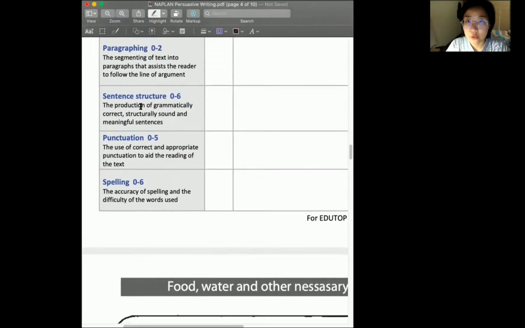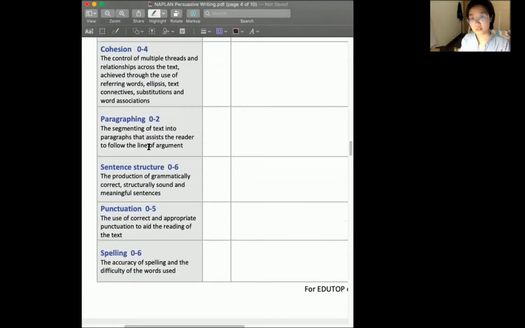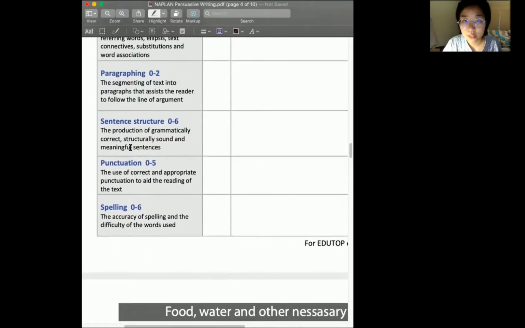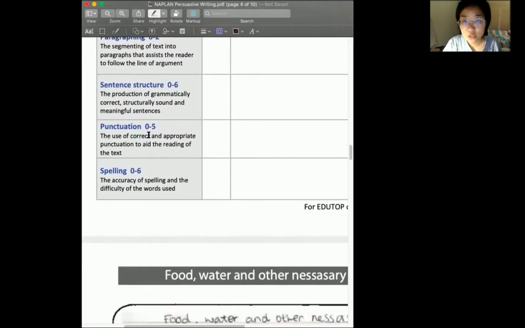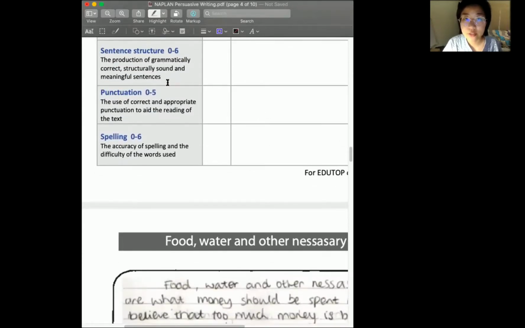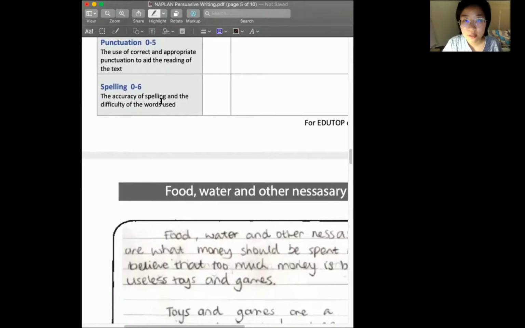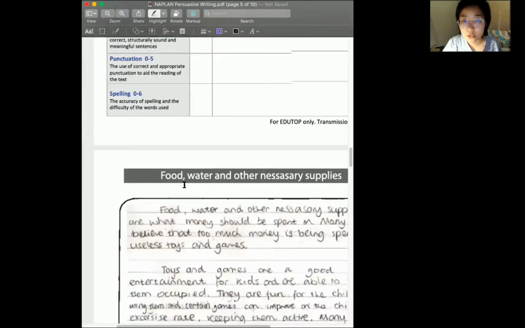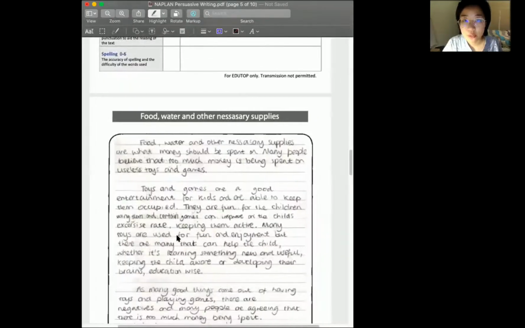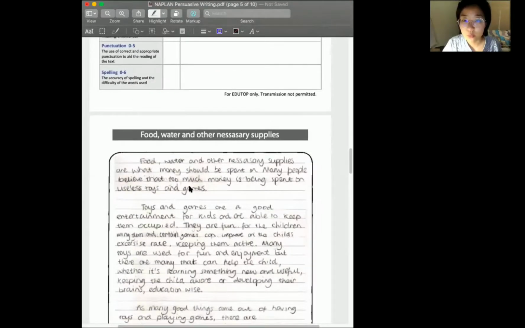Of course, if you follow the structure of a very good persuasive writing, the introduction, body, and conclusion, you will write it in paragraphs, right? Sentence structure: free of grammar mistakes, with various sentence structures, punctuation use, and spelling. Also, you need 10 to 15 difficult or challenging words in order to get full marks for that.